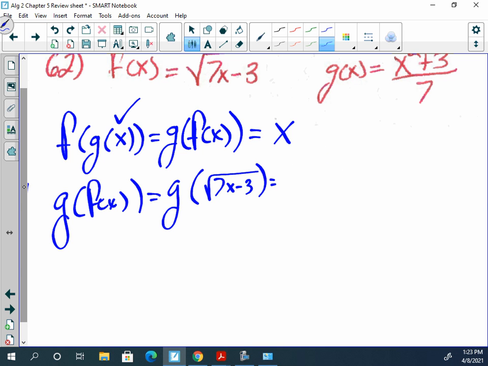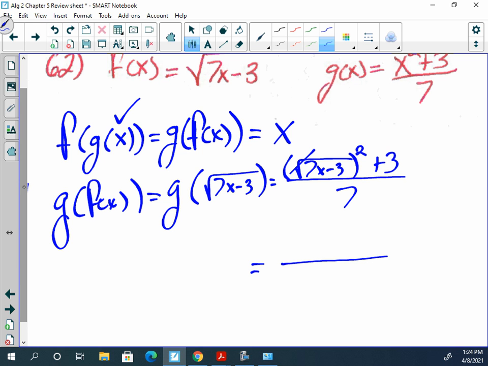Let me try this again. Parentheses, square root 7x minus 3 squared plus 3 divided by 7. So we're squaring, since g of x had x squared, we plug the square root of 7x minus 3 in for x. So we end up getting the square root of 7x minus 3 squared.